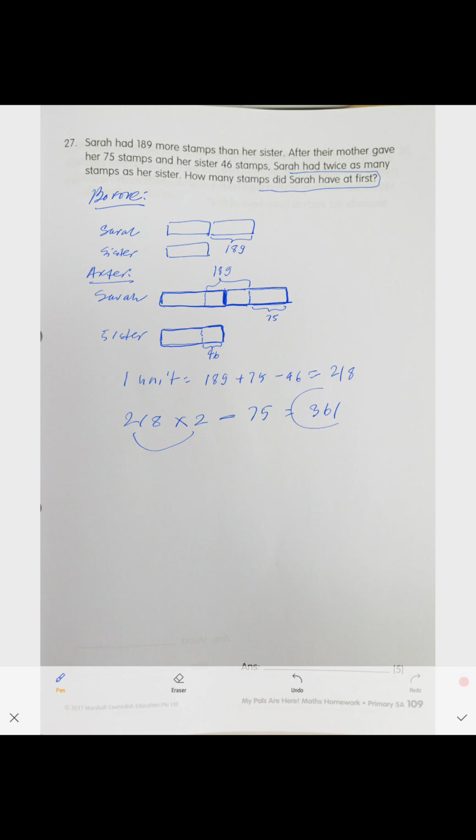That's your answer. Sarah had 361 stamps at first. Alright, everything is about the model, and again, that's not gonna look pretty here, but try to make a pretty model and everything will become clear.